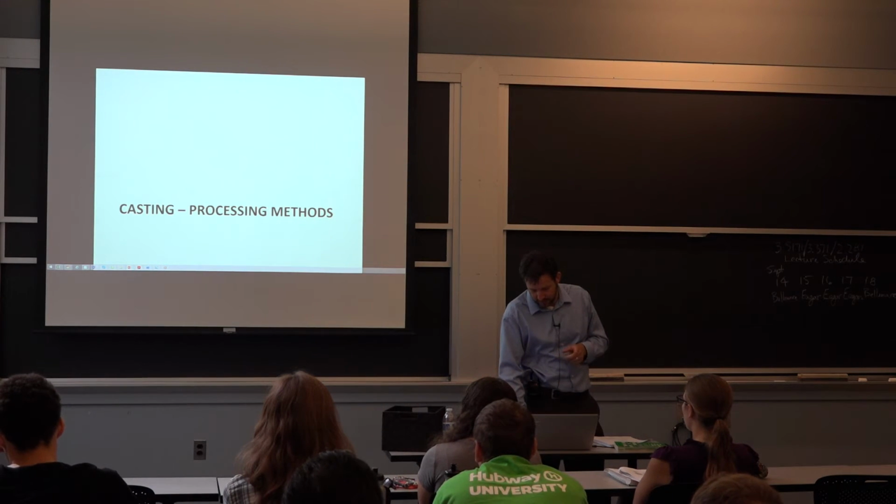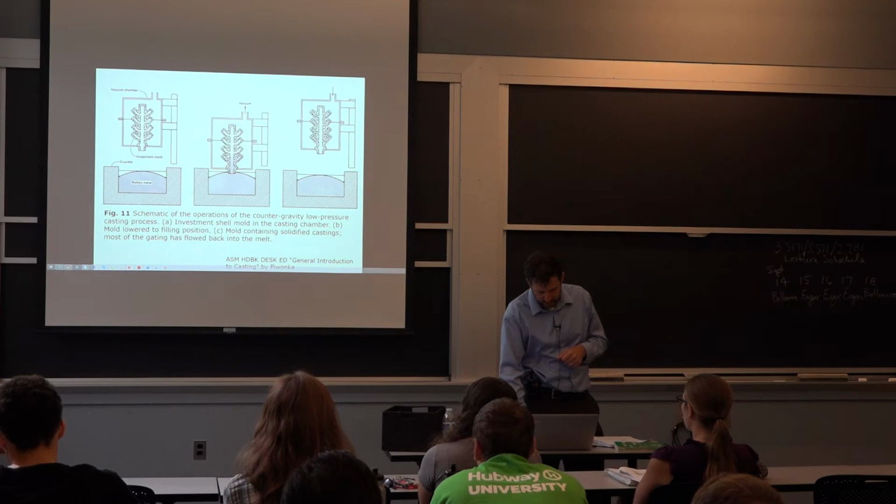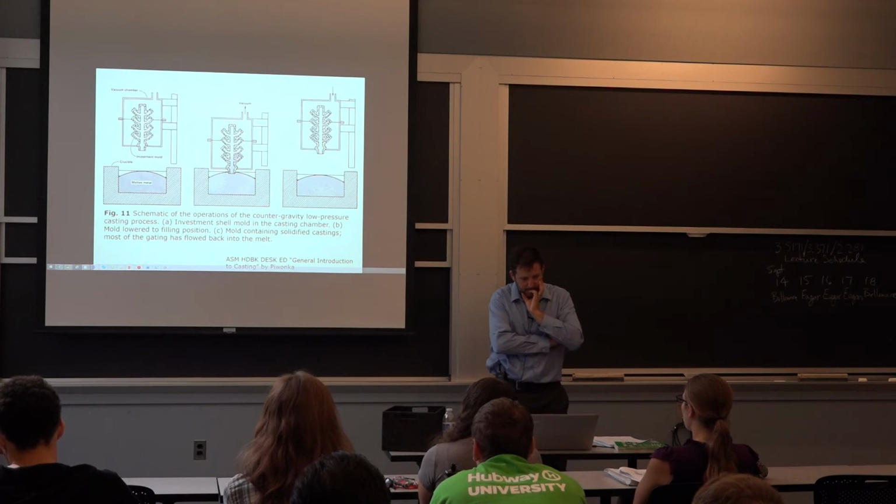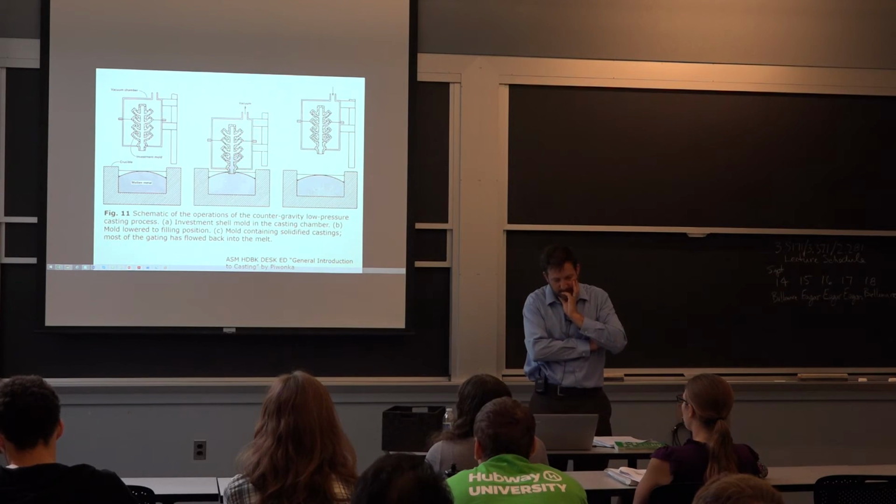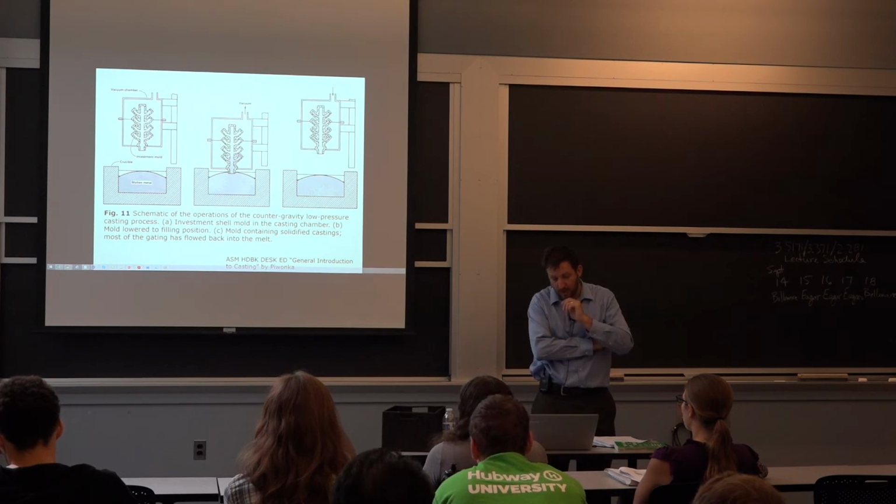So we're going to go through two different types of casting processes that will differ with respect to the cooling rate of the mold. This is a very intricate one. It's used for very small parts or very sophisticated parts.